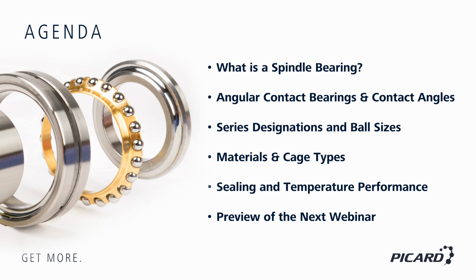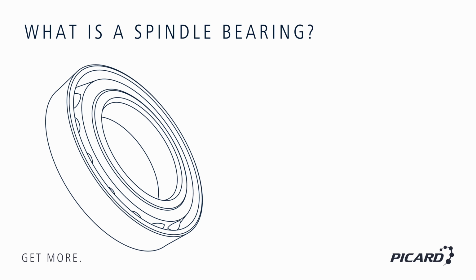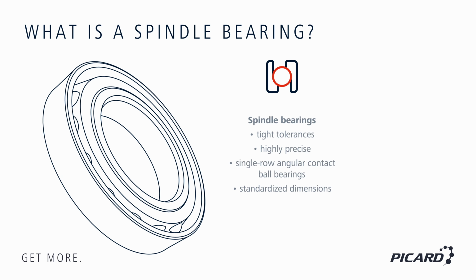Let's get started. A spindle bearing is a particularly precise, single-row, angular contact ball bearing with extremely tight tolerances. It's designed specifically for applications that demand high guiding accuracy, high speeds, and maximum rigidity, such as main spindle support.